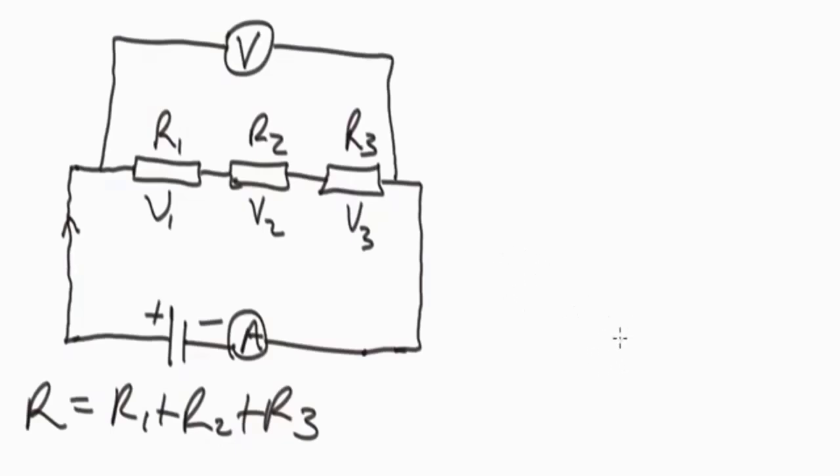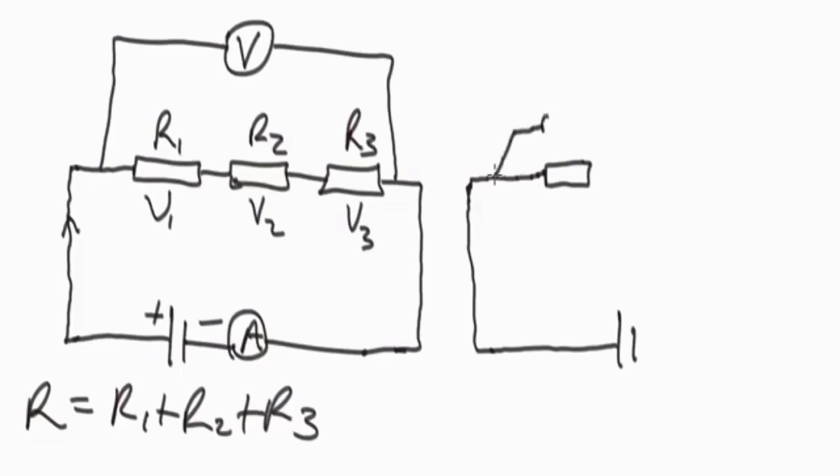Alright, so you're going to have something like this. This is the terminal. Okay, so you're going to have something like this. Pardon my drawing, it might not look perfect, just an illustration.